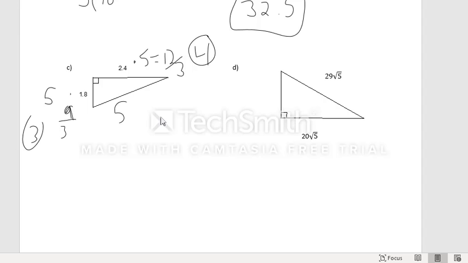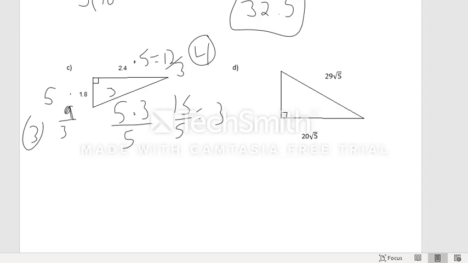But now we have to undo the process that we had before. Since we multiplied by 5 and divided by 3, we are going to do it the other way. We are going to multiply by 3 and then divide by 5. So 5 times 3 is 15, divided by 5 is 3. So the final answer for this side has to be 3.